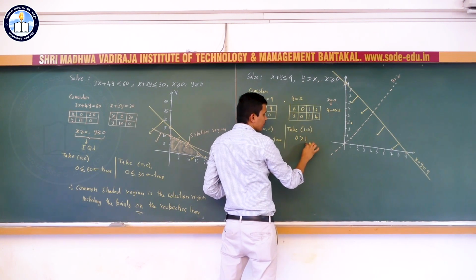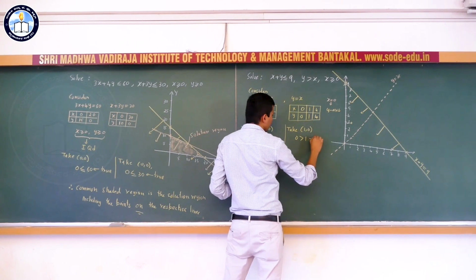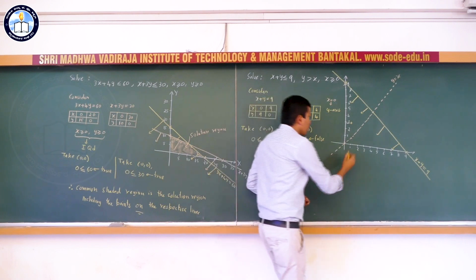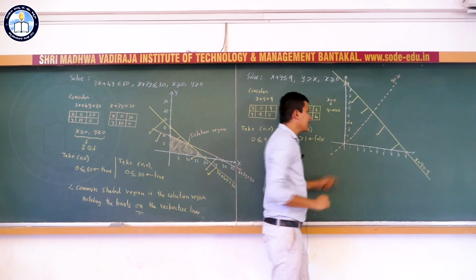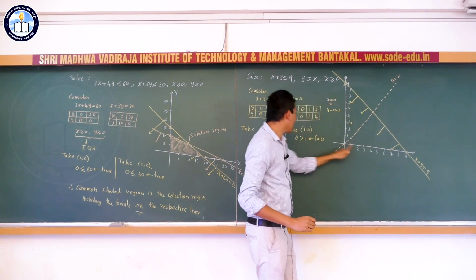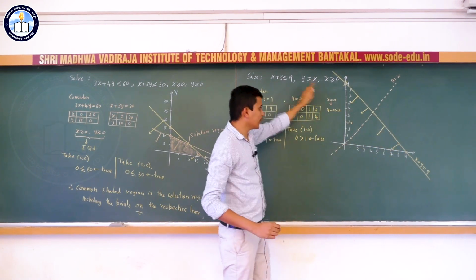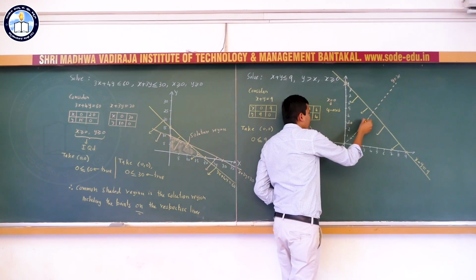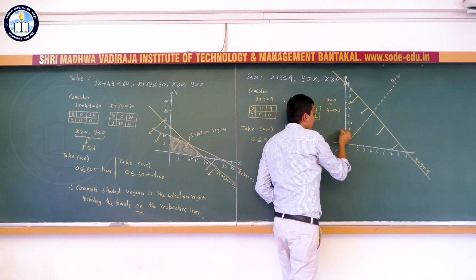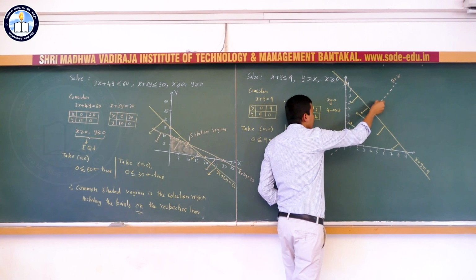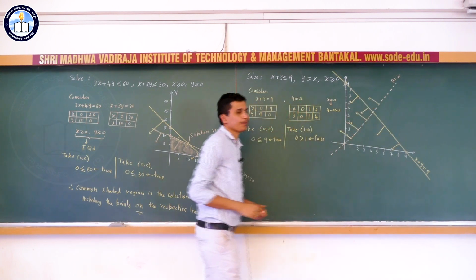Is 0 greater than 1, true or false? It is false, right? So the (1, 0) point is on this side of that line, and it doesn't satisfy this inequality. So I don't want this side, I want the other part. So for this line, this side comes as the required region.